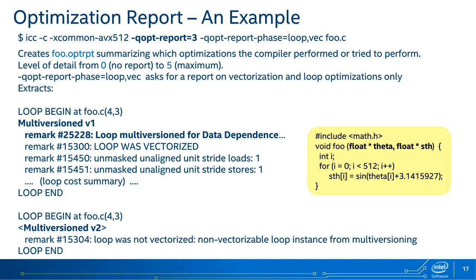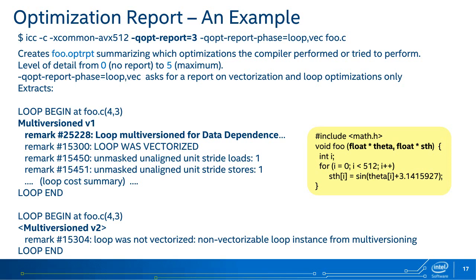From the report, you can see that this specific loop was multi-versioned, which means the compiler generated one version which is vectorized, and you can see the statement that the loop was vectorized here, and another version, multi-versioned version 2, which is not vectorized for the reason that there is a data dependency.